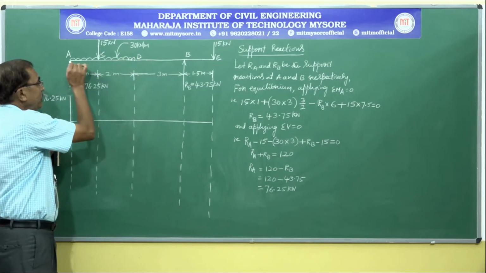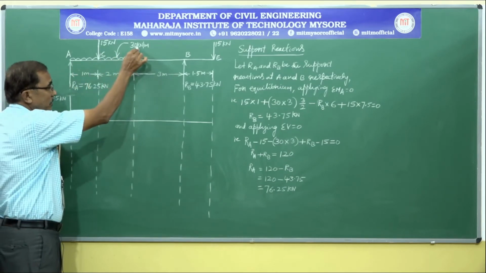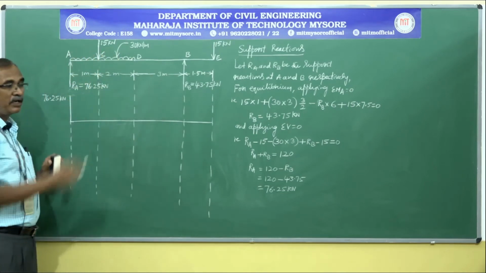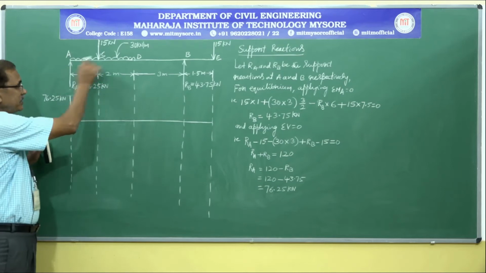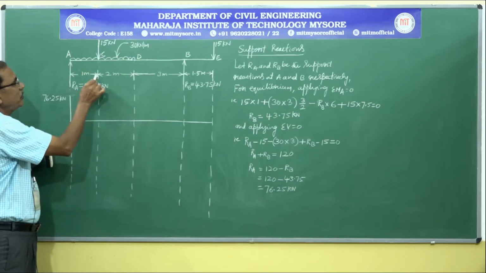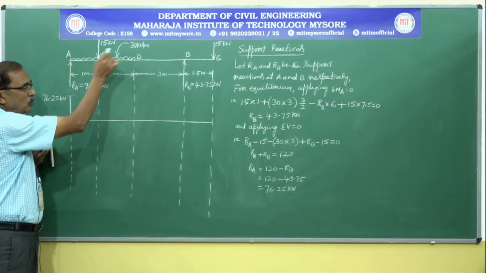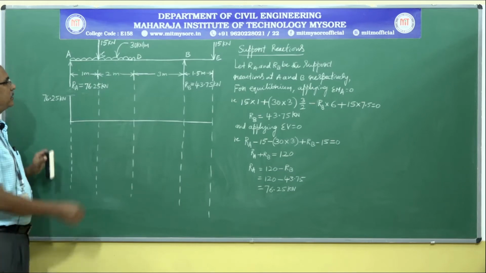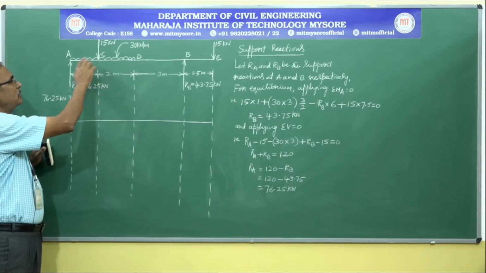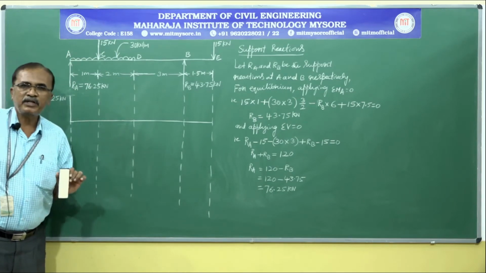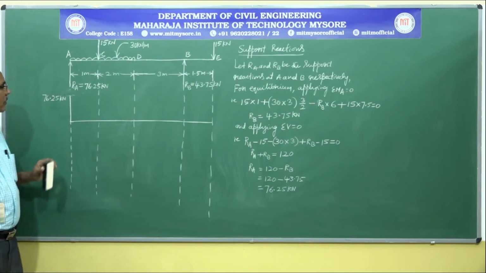Hence, we can comfortably convert this UDL to a point load between A and C. The magnitude of point load of UDL between A and C is equal to 30 into the span 1 meter, 30 into 1, 30 kilonewton point load, and it is known that all point loads, if not mentioned, are acting in the downward direction.